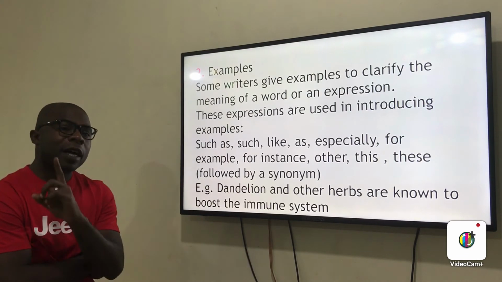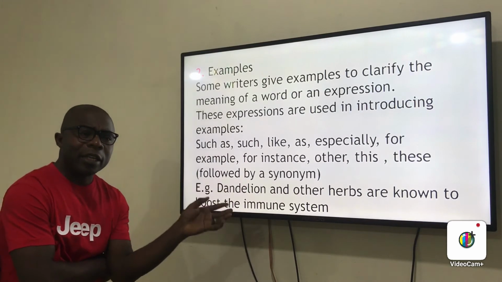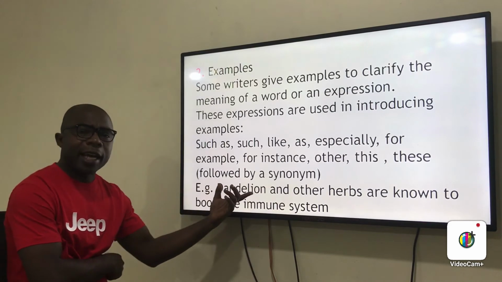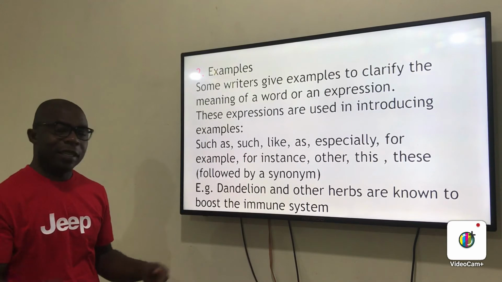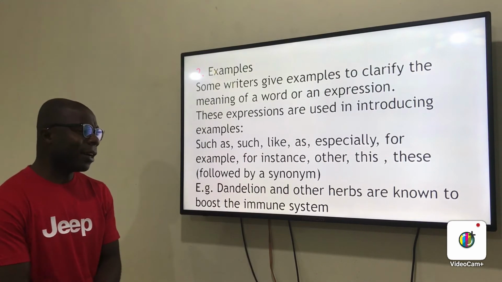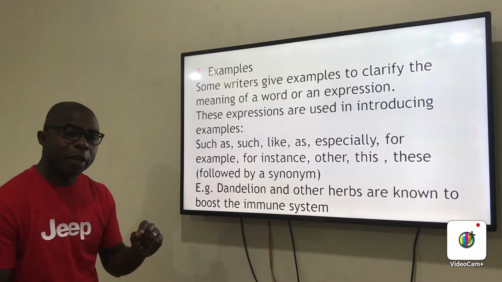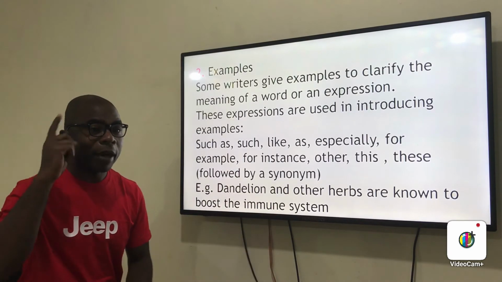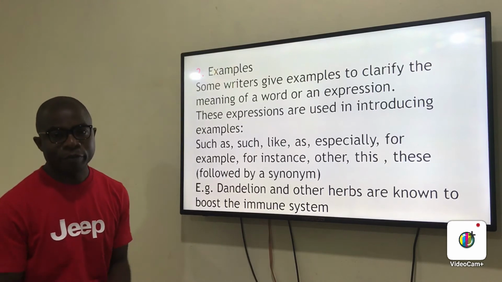Suppose you have never heard of dandelion. People call it dandelion, but it's dandelion. Suppose you have never heard of dandelion and you don't know what it is. And then the writer or the speaker says, dandelion and other herbs are known to boost the immune system. The moment you hear "and other herbs," then it rings a bell. Dandelion has to be a herb.